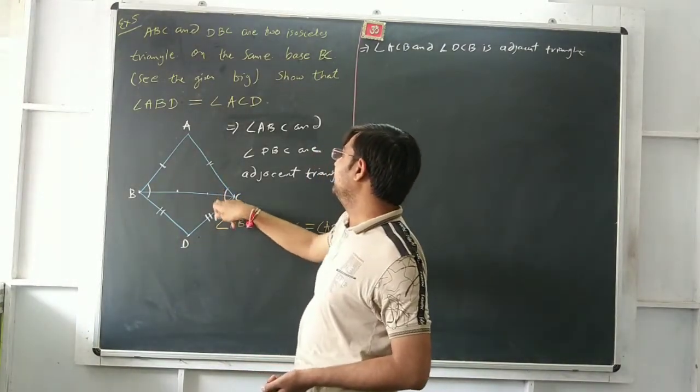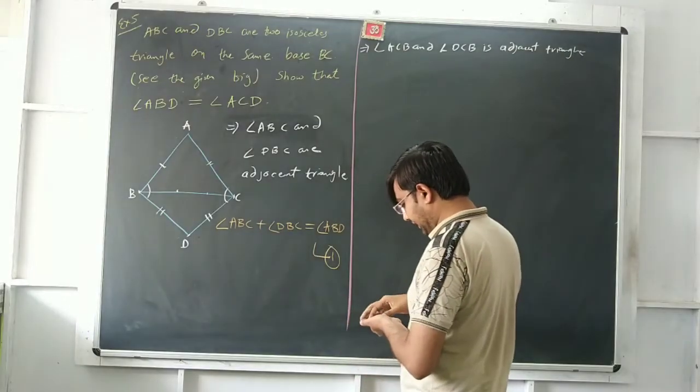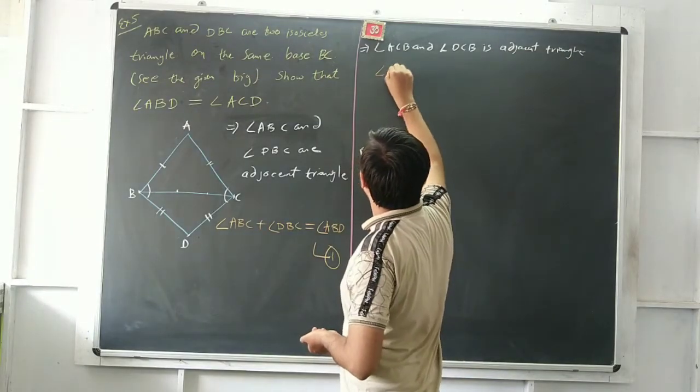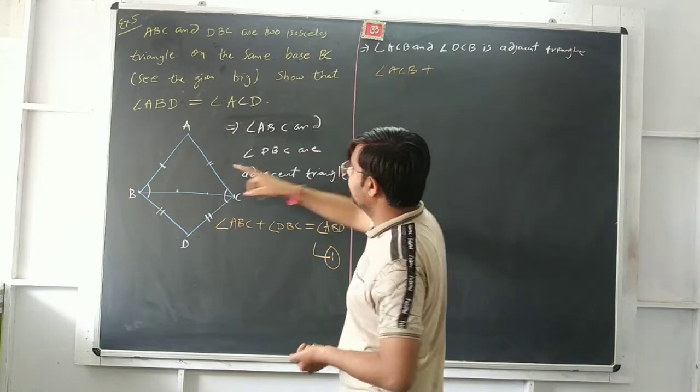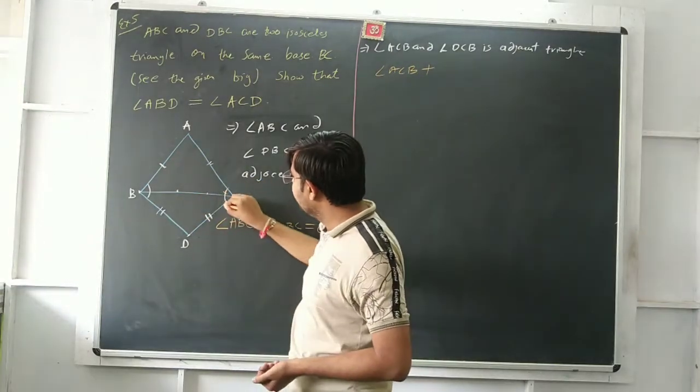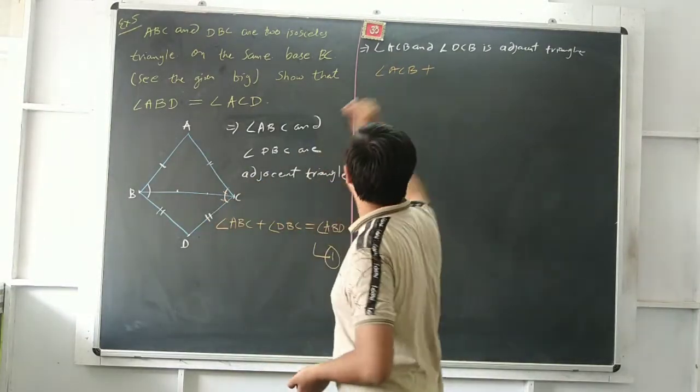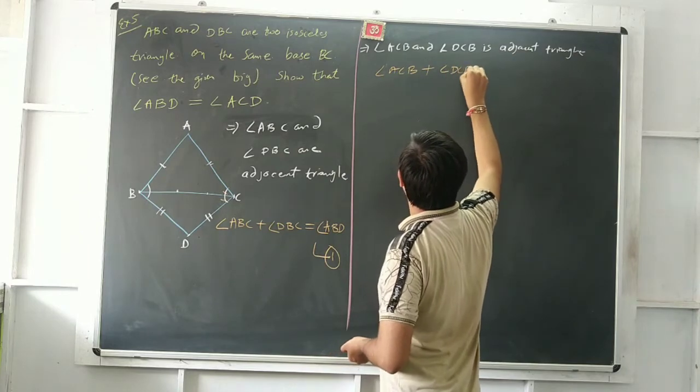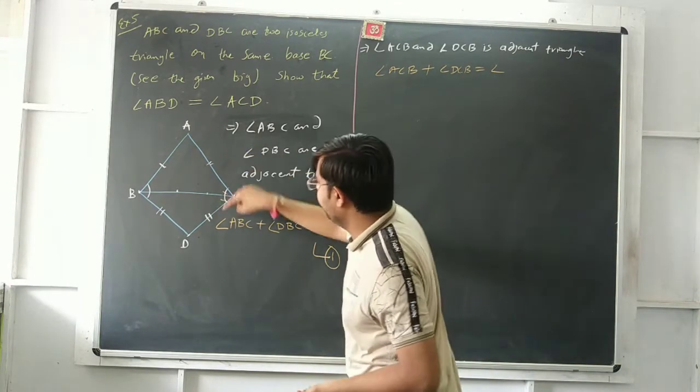This angle and this angle. So I can write angle ACB plus angle DCB is equal to angle ACD.